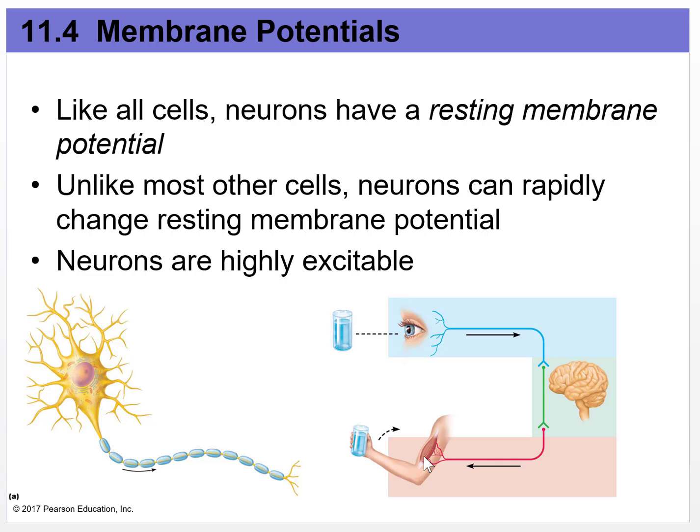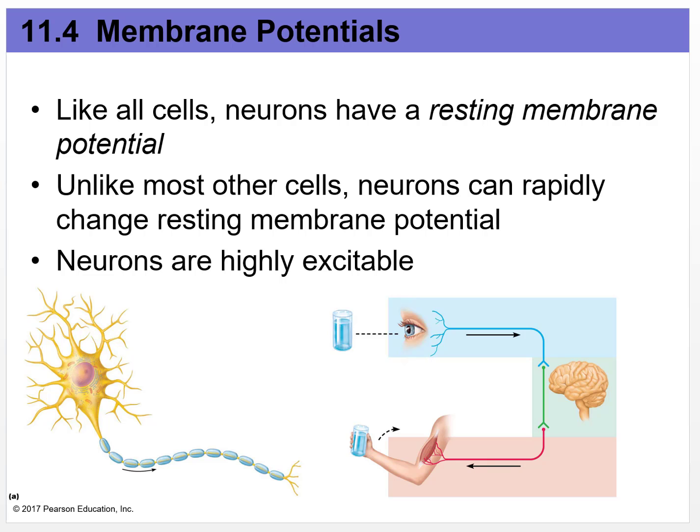All right, now all your cells in your body have resting membrane potentials, muscle cells, everybody. But these guys have very unique control over that and are able to relay that from an electrical signal down to a chemical signal released from these terminals to talk to the next cell in line.